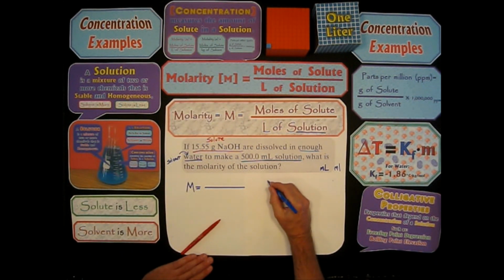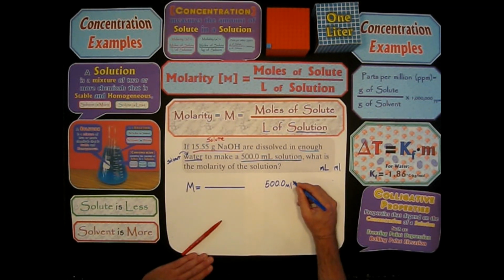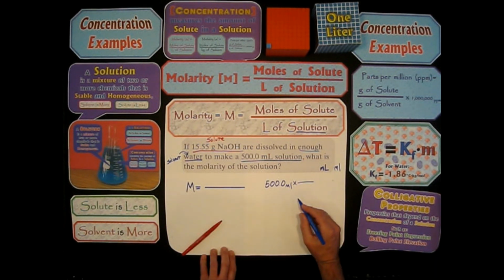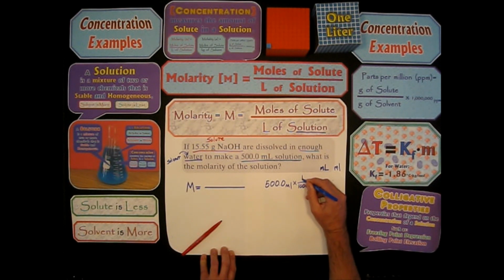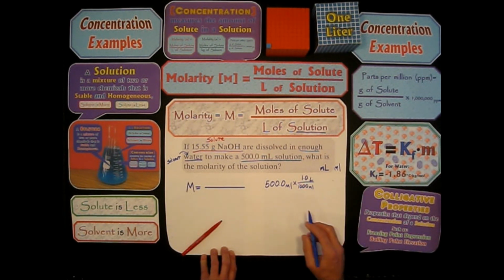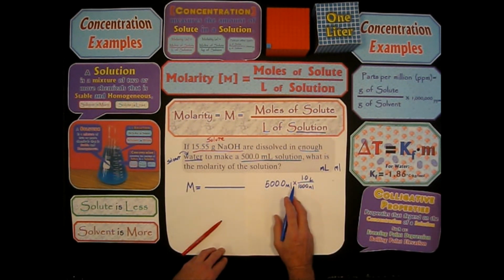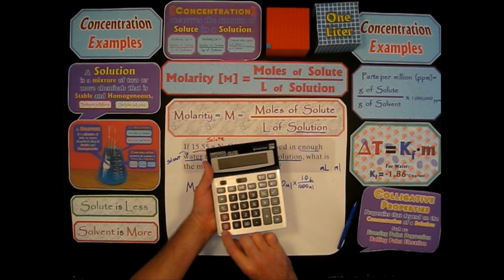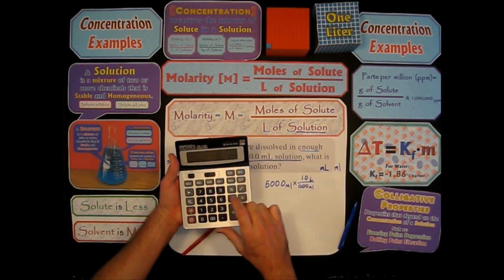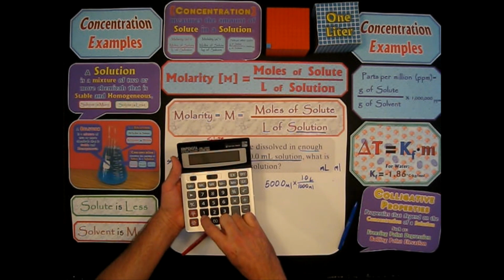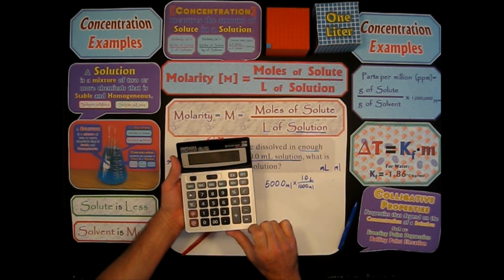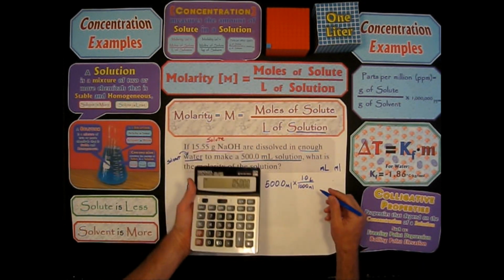So if I write 500.0 mL, I'm going to write it my way, and multiply by the conversion factor, that's 1.0 liter over 1,000 mL. Okay, so 500 divided by 1,000, well, that's pretty easy to do. 500 divided by 1,000 equals 0.500.